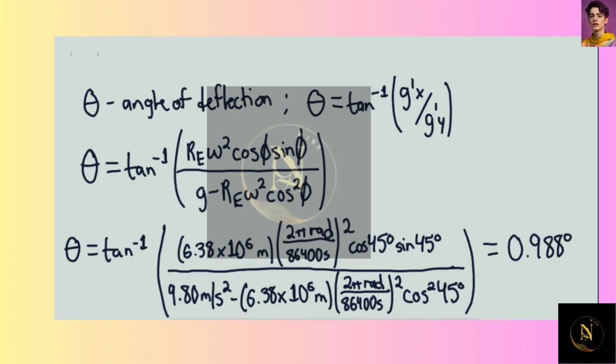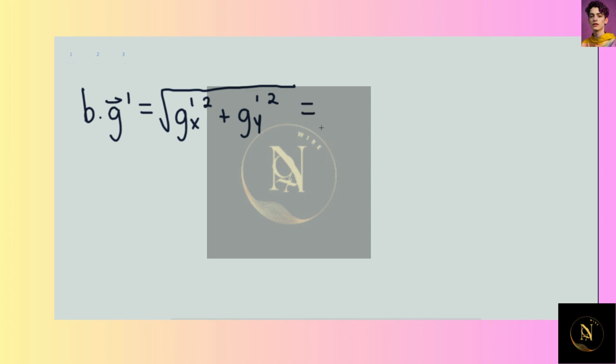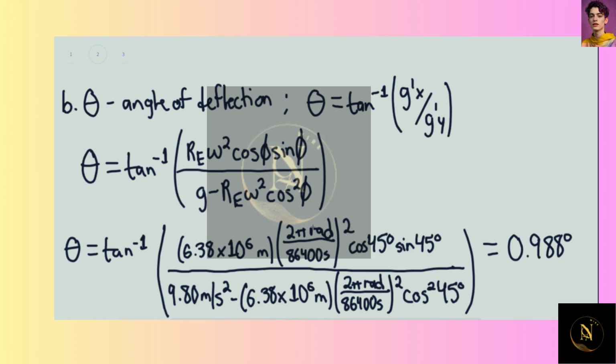And so we can find the magnitude of the true g prime for part B. This would simply be from Pythagoras' theorem. So this would be g prime sub x squared plus g prime sub y squared. You're going to get these values once you solve for this. Solving this first and then solving this will give you the x and y components.